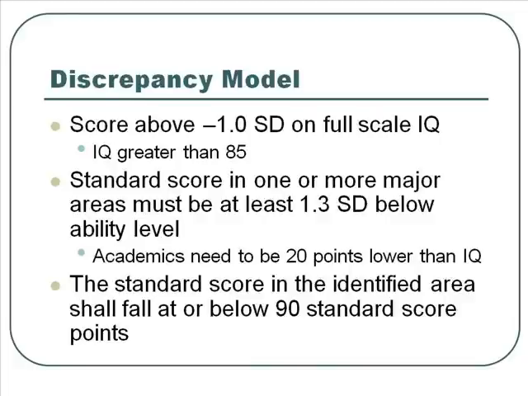The discrepancy model has 3 main criteria in the state of Nebraska. First, the student needs to score above 1 standard deviation below the mean on full-scale IQ, which means the IQ needs to be greater than 85. Second, the standard score in one or more major areas must be at least 1.3 standard deviations below their ability level, or the academic scores need to be 20 points lower than their IQ score.